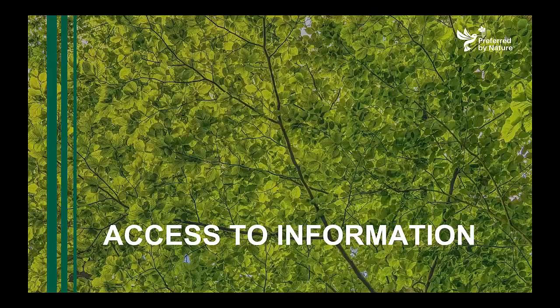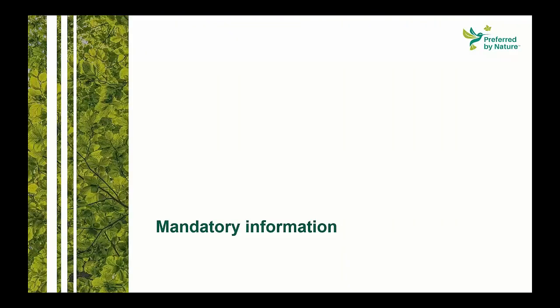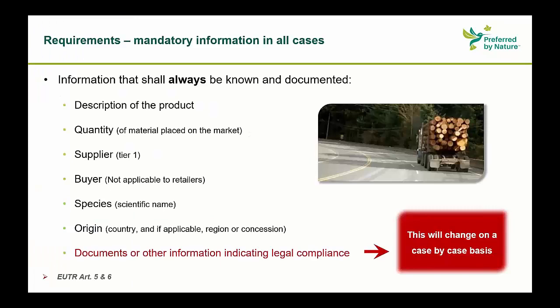Yes. Okay, perfect. Okay, so let's first see what is behind accessing information. Well, the first thing to keep in mind is the type of information that needs to be gathered, and that's absolutely mandatory. Okay, so this is the list of all the information that shall always be known and documented according to the regulation.